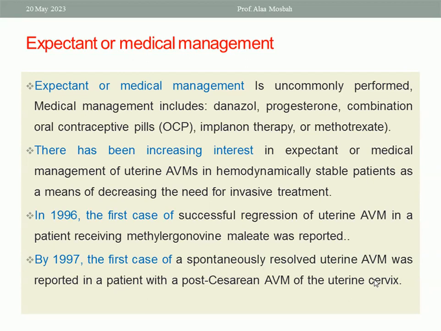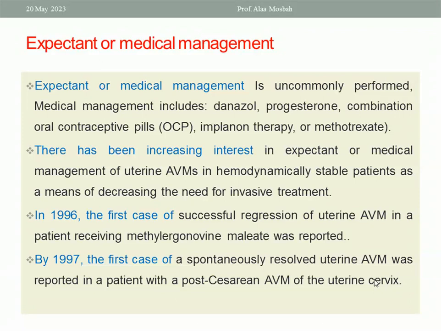What is the medical management? To give the patient hormones like danazol, like COC, combined oral contraceptive, like progesterone, like in some situations Implanon therapy, which is a subdermal implant, or methotrexate, especially if there is cesarean scar pregnancy.